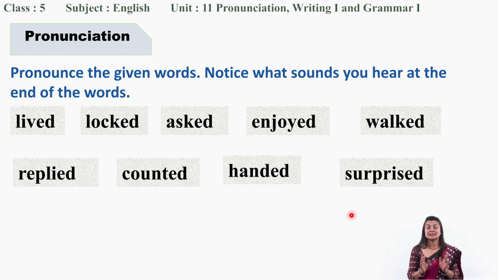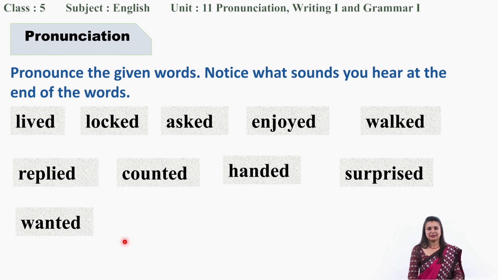Oh, it is not that. It is surprised. Say it once again. Surprised. Last one. Yes, surprised. Very good. Okay, the last word is here. Wanted. How do you say it? Yes, try it. Wanted. Say it again.